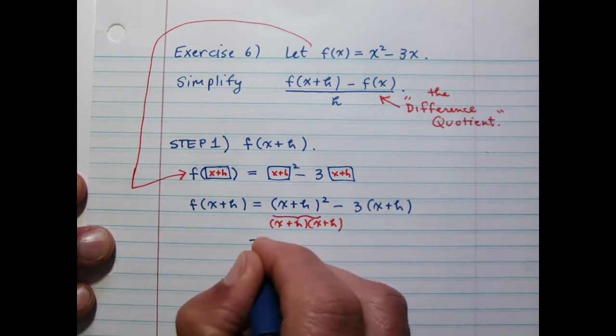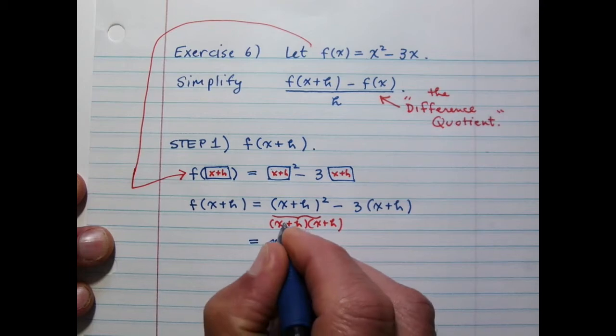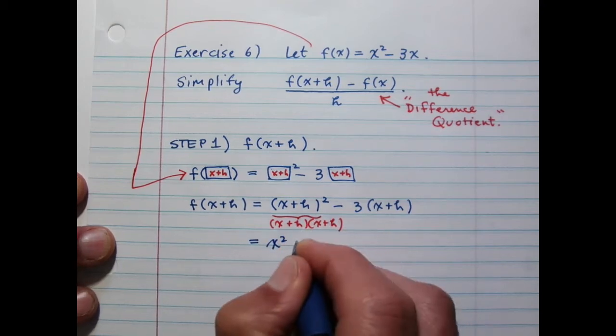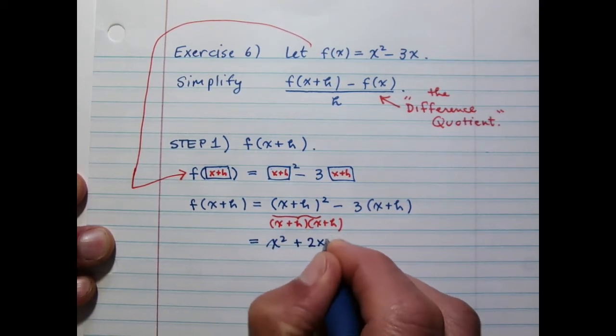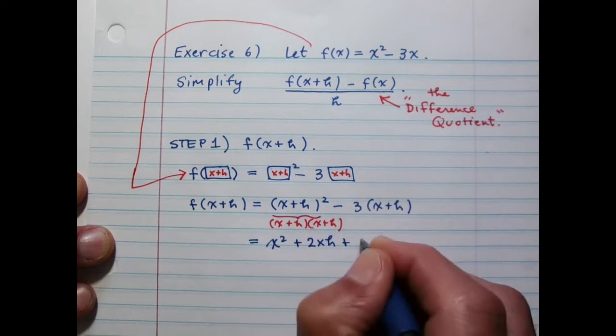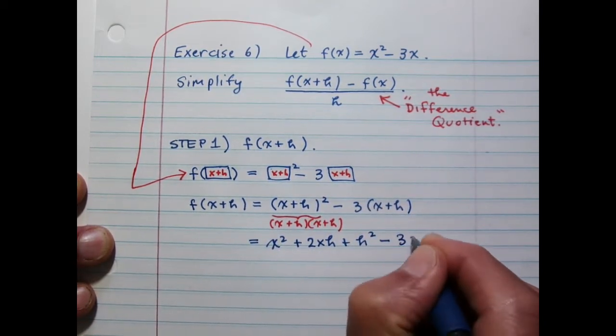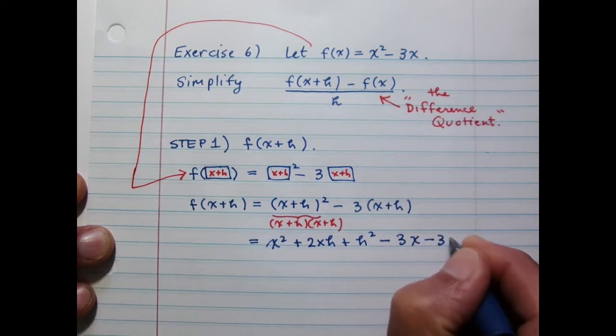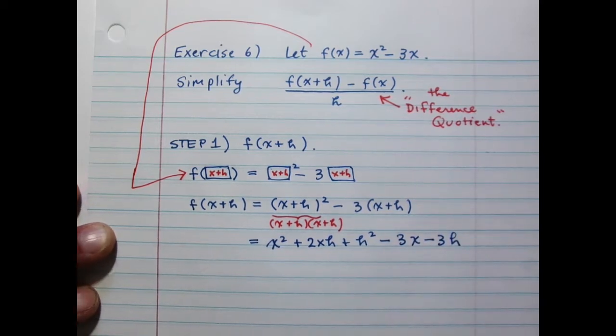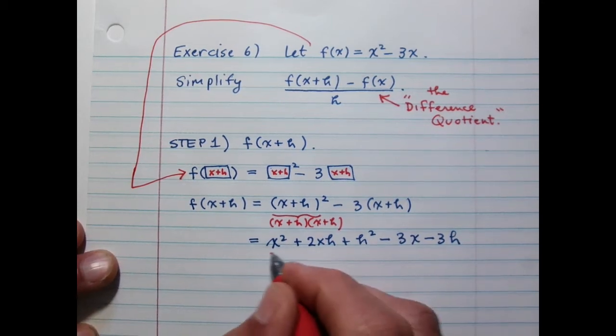So I have to multiply that out. X squared plus xh plus xh is plus 2xh plus h squared. And distribute the negative 3. Minus 3x minus 3h. There's f of x plus h. That's what I got. All right, this big long mess.